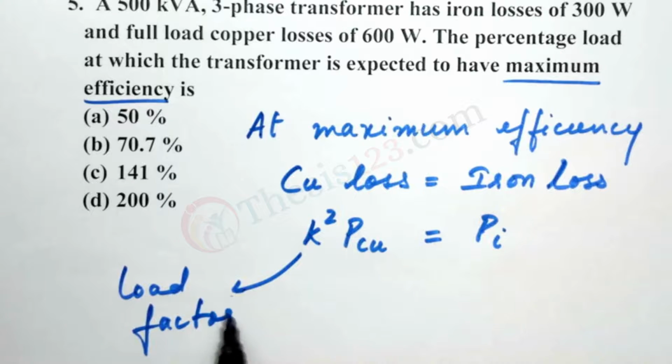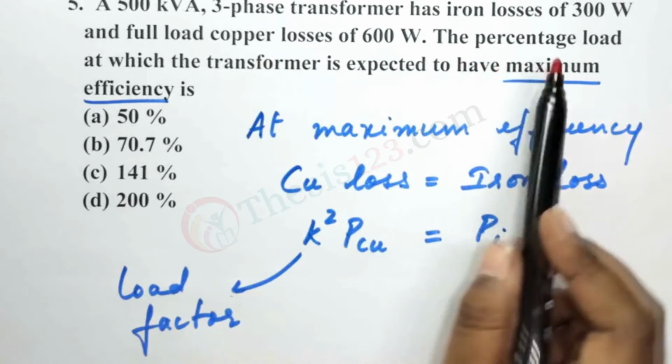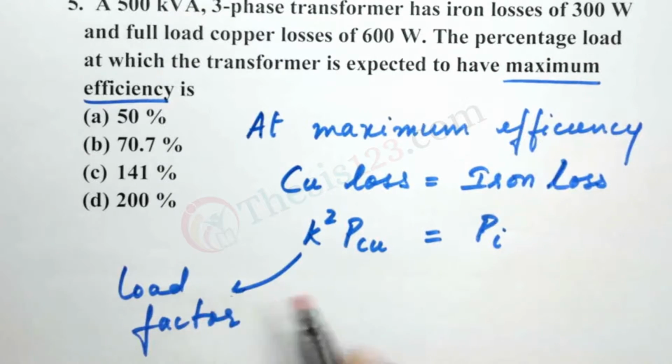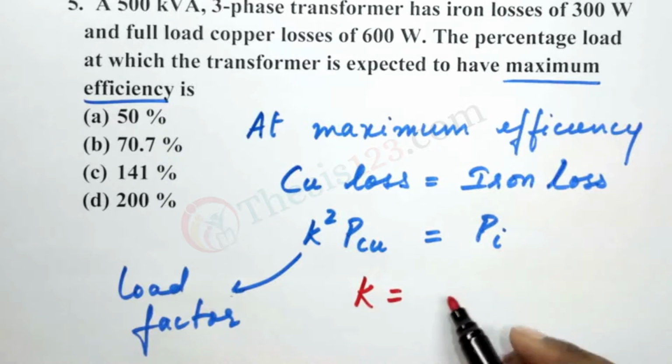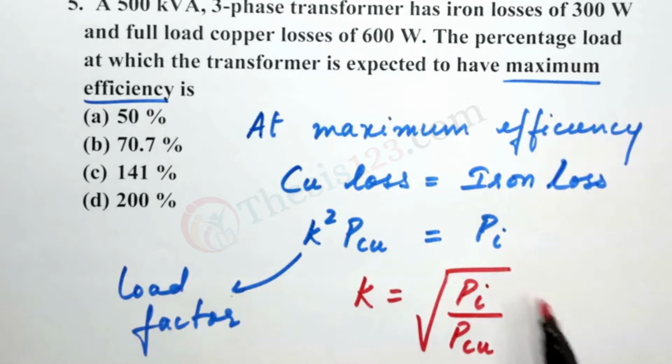So now what would we have? We would have here the percentage load. Now the percentage load is the load factor. So K would be equal to root of Pi by Pcu, which means the ratio is the root of the iron loss divided by copper loss. Now we have our expression, the values given.